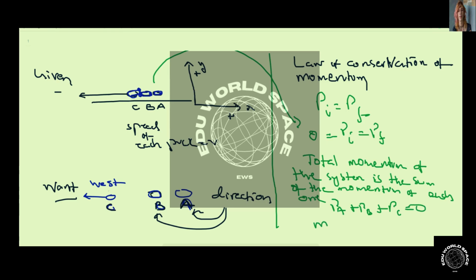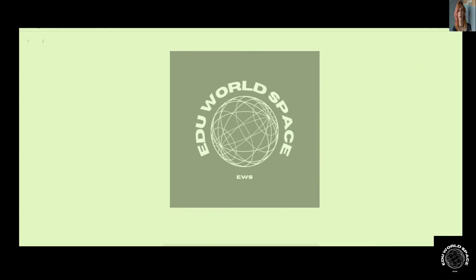But remember, momentum is mass times velocity. So velocity of A, velocity of B, and velocity of C equals 0. We can divide everything by m, and that cancels out all of these m's. And so in the next page we have a new relationship that says velocity of A plus velocity of B plus velocity of C equals 0.